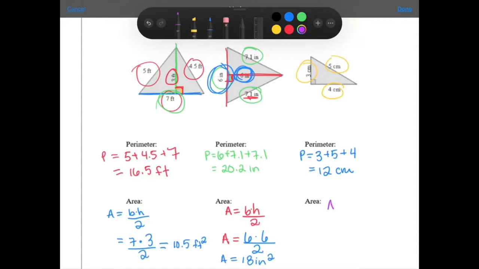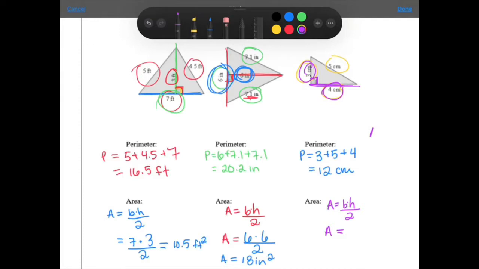So area again, base times height divided by 2, because this is a triangle. Area equals our base. Look, this is where we have our perpendicular line. Right, so this is our base, 4 centimeters, and this is our height, 3 centimeters. When you have a right triangle, it doesn't matter if you're mixing up base and height.